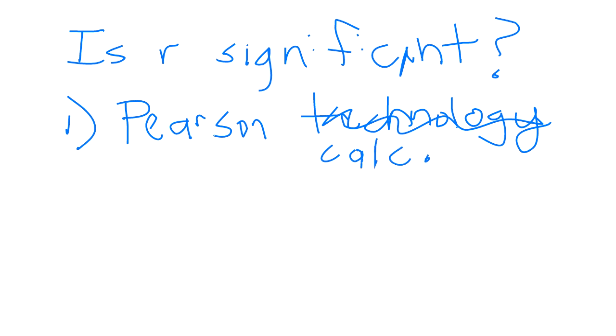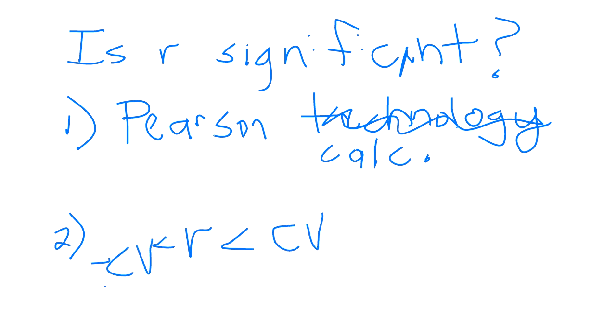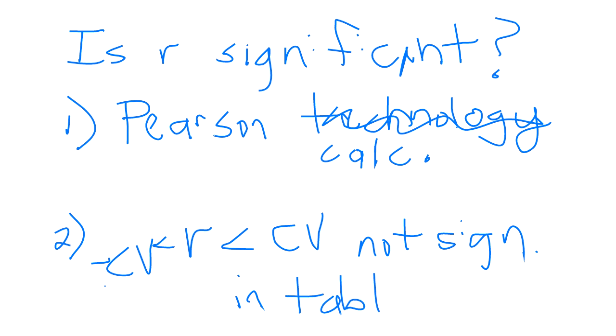I'm going to do both ways, or if R is between the critical values, then it's not significant in the table. And I'll draw a picture of that. So it has to be outside plus and minus critical values in the table. So we can do either one. You don't have to do both. I am going to show you both, but you can pick which one you want.